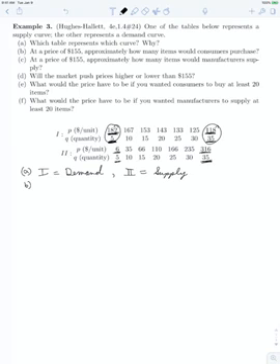Okay, part B. At a price of $155, how many items would consumers purchase? So consumers purchase, that is talking about buying, that's talking about the demand side. So we look at table 1. And at table 1, it's pretty easy.